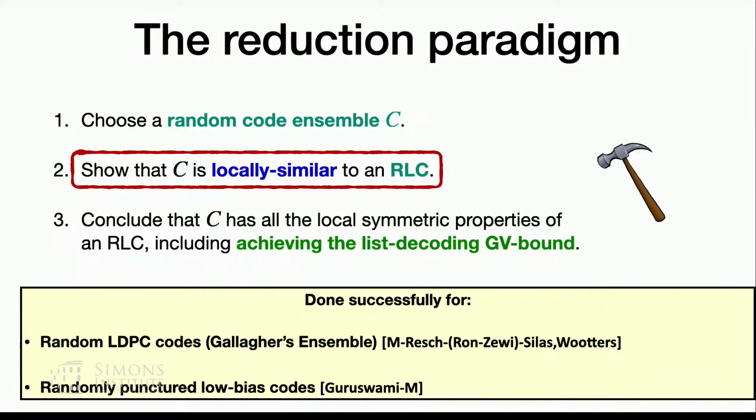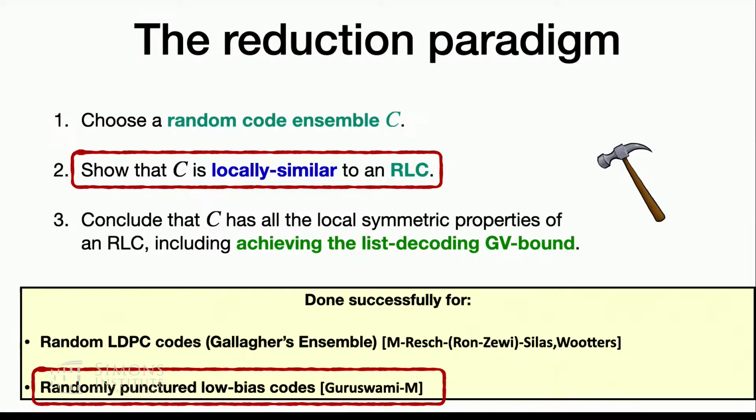And there, we didn't use these terms exactly, but essentially we show that these random sparse matrices are parity check matrices for codes which are locally similar to random linear codes. And then we conclude for list decodability. And again, also that, for example, it is list recoverable as a random linear code.